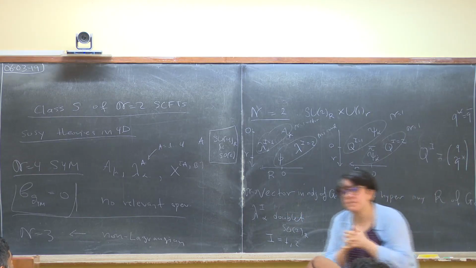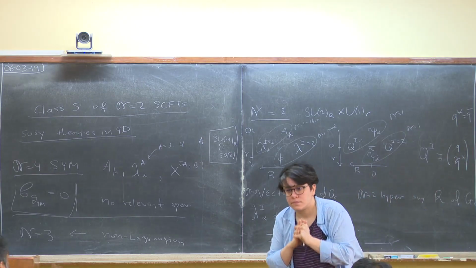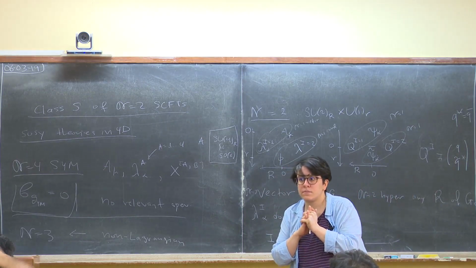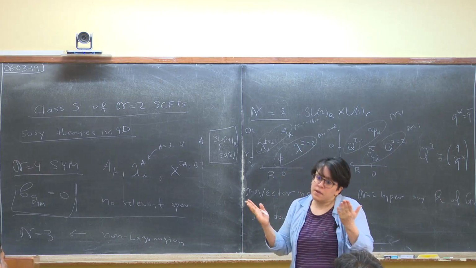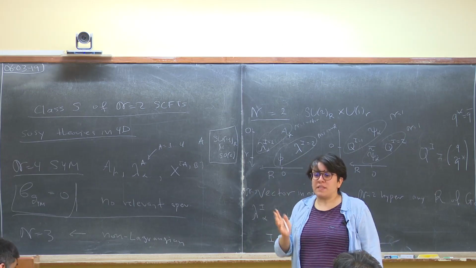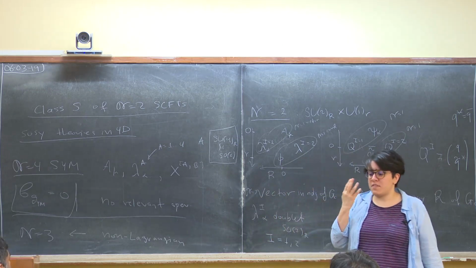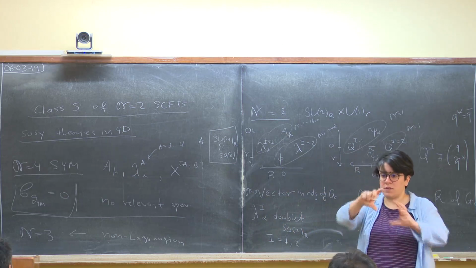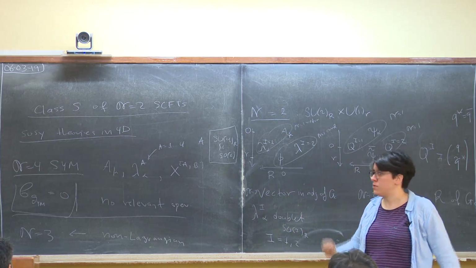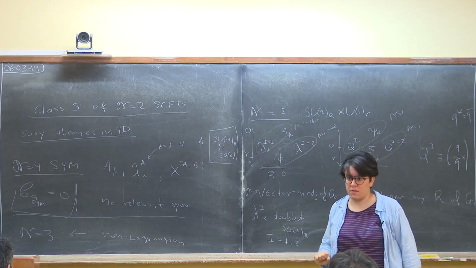This n equals 4 can be obtained by putting the 6 dimensional (2,0) theory on a torus. Yes, I will say that. But this is a good question for the bootstrap people maybe to answer. And up to now, whatever bounds they are drawing, it shows only these things.